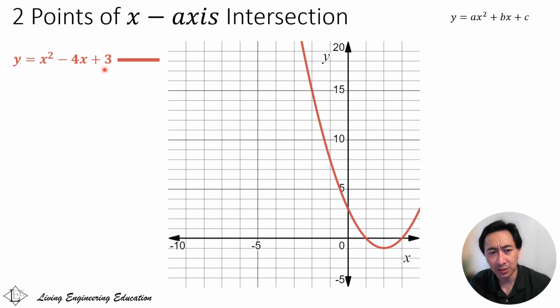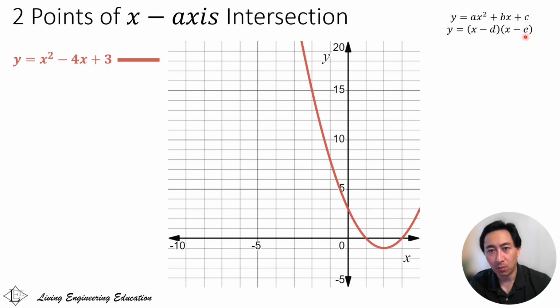So looking at this, how can we make sense of the x-axis intersection? Well, I'm going to generalize this equation here, and we're going to define this equation as x minus d times x minus e, where d and e are arbitrary constants that somehow incorporate a, b, and c, and we'll see what that looks like in a second. Right?